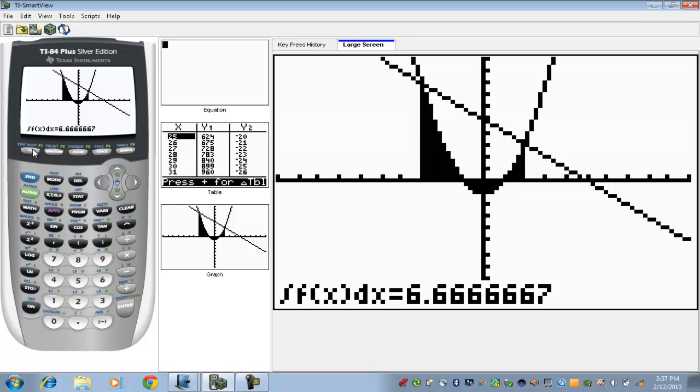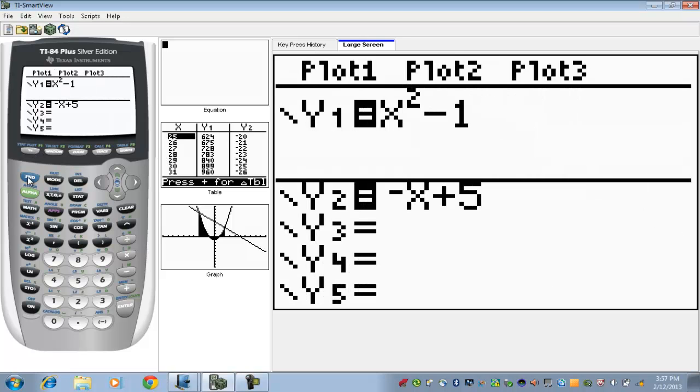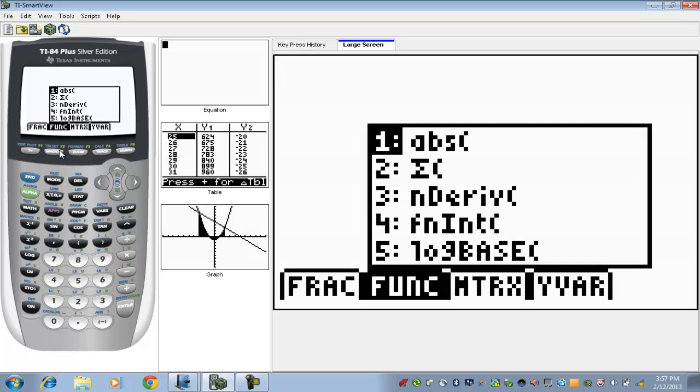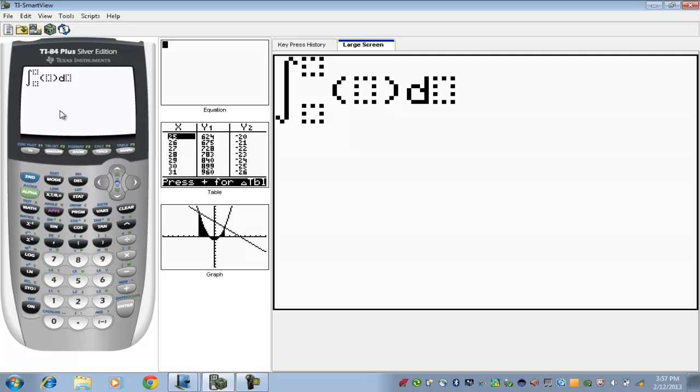So let's quit this page and use this instead. Press alpha window, number 4, function integration. Lower limit -3, upper limit 2. Of which function? It's y2 minus y1, because y2 we define as the oblique line and y1 is the curve. How do I call out y2 and y1?